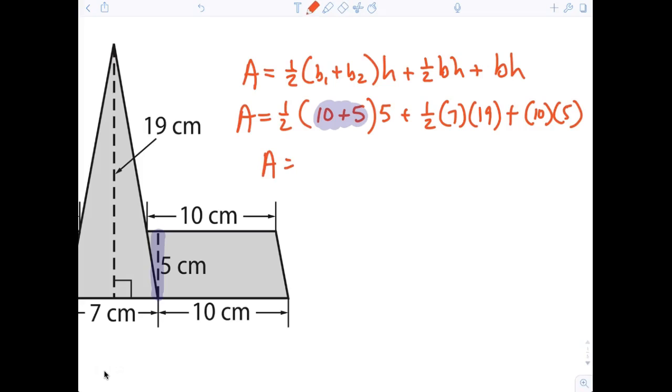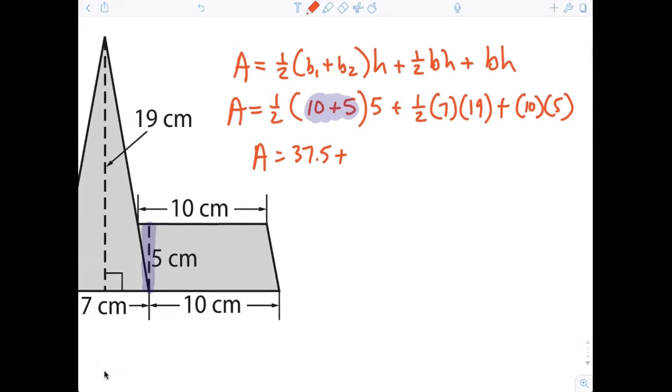Area equals 146.5. All right, I'm going to do the math here for you. Half of 75 is 37.5. Now I want 7 times 19 divided by 2.